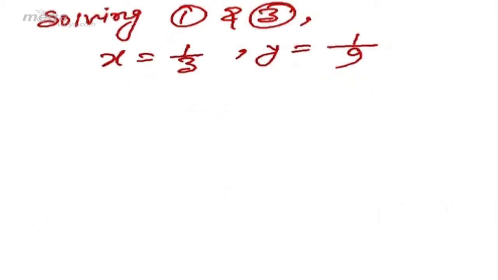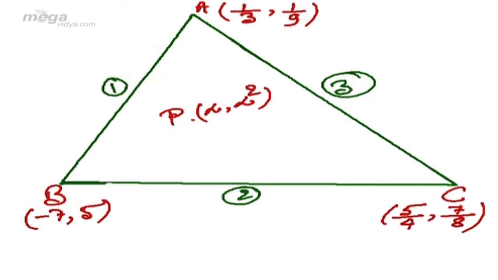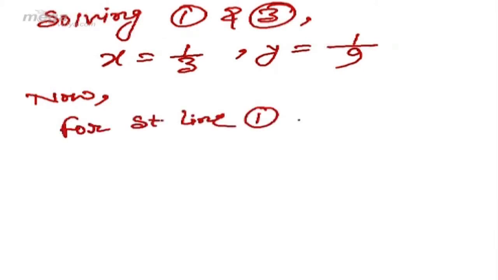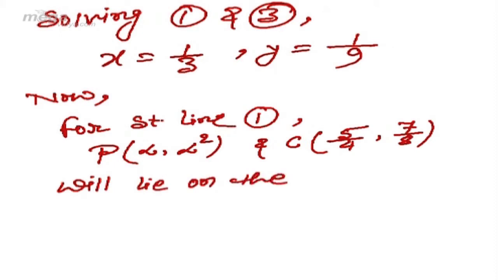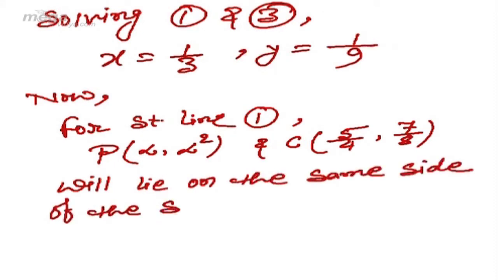Now we will see in this figure, if we select the line 1, that is the line AB, the point P and the point C both lie on the same side of the straight line, so we will use the condition. Now for straight line 1, the point P alpha comma alpha square and the point C 5 by 4 comma 7 by 8, both the points will lie on the same side of the straight line.